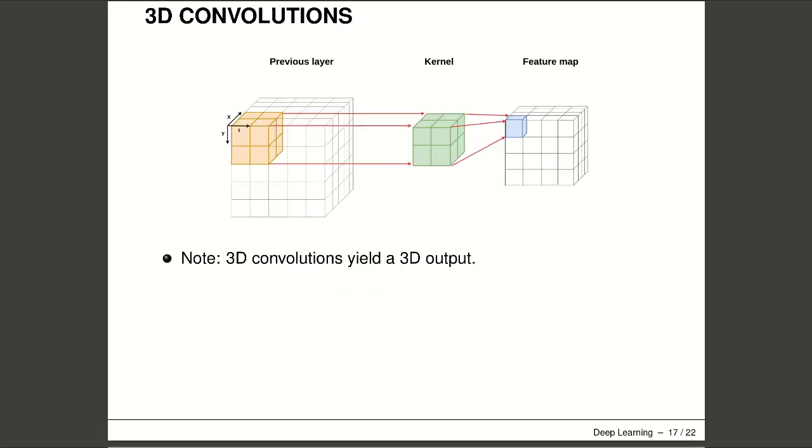In the schematic of the 3D convolutional neural network, as you can see, we move the kernel, where the kernel is also 3D, in three directions of X, Y, and for example here T, to get the output feature map, which is also 3D.